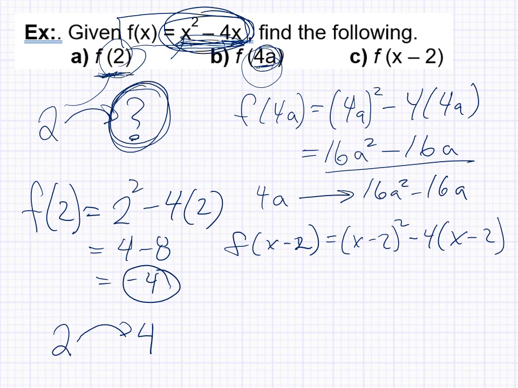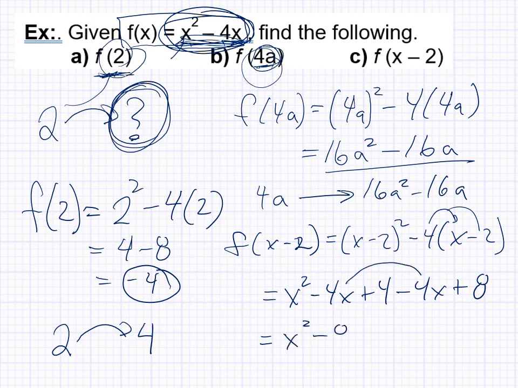And just knowing your algebra, if you square x minus 2, you get x squared minus 4x plus 4. And then if you distribute this negative 4 in here, you get negative 4x plus 8. And therefore, if we simplify this one, which we can, this negative 4x and this negative 4x combine to give me negative 8x. This 4 and this 8 combine to give me 12.